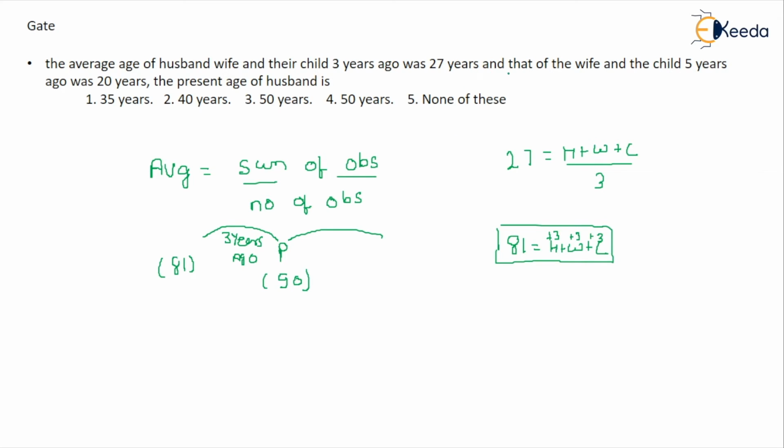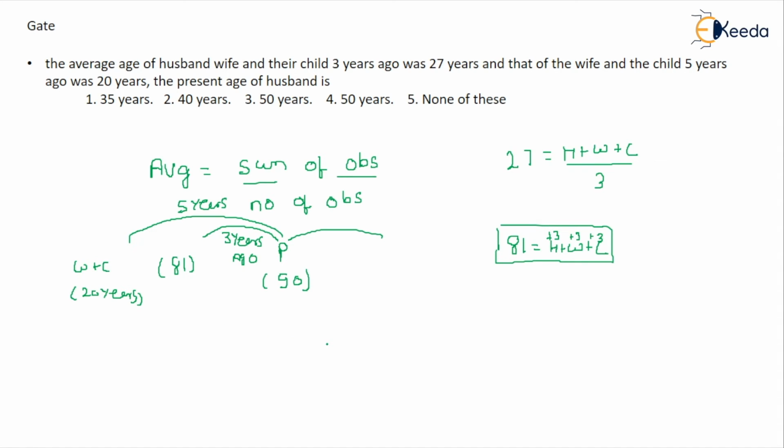Okay, and the average age of wife and child 5 years ago was 20 years. So from here you can find out the value of wife and child age.